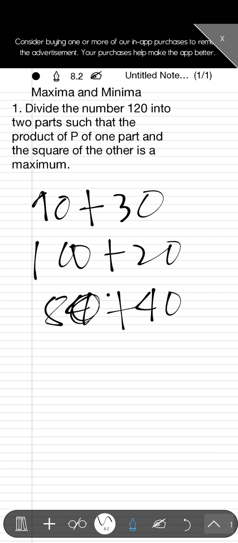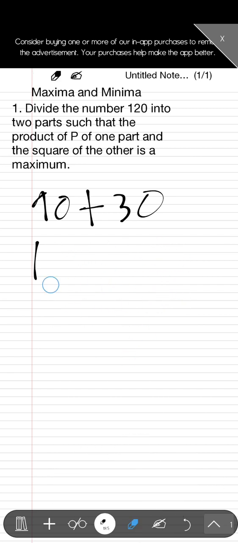Okay. So, how will we make an expression? Kasi dapat gumawa tayo ng expression, no? Divide the number into two parts. Okay, so try to look at 90 and 30.